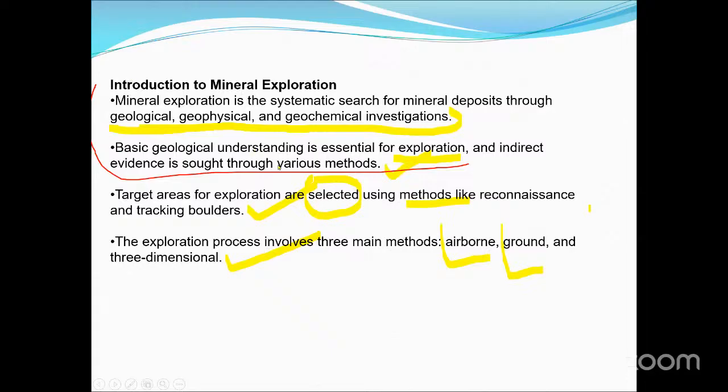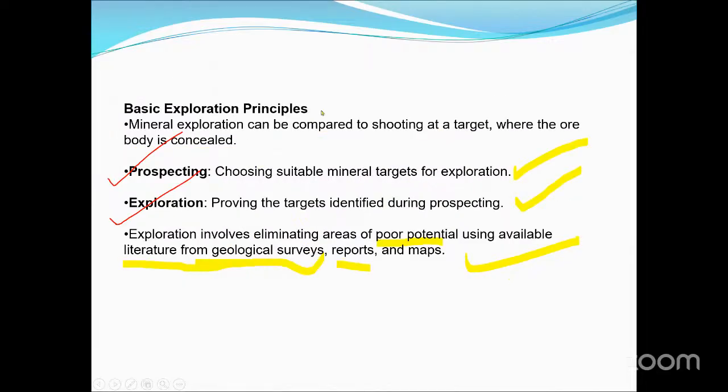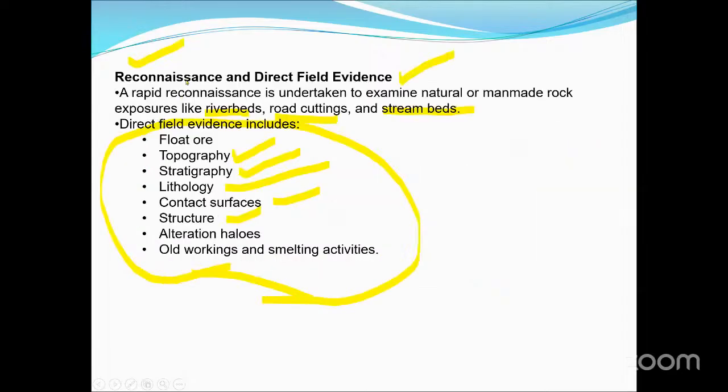In this, we have discussed the introduction to mineral exploration, basic exploration principles like prospecting and exploration, reconnaissance survey, and direct field evidence or direct field data collection like float, topography of the area, stratigraphy of the area, lithology, contact surface, structure, alteration, holes, and old workings and smelting activities, if any.